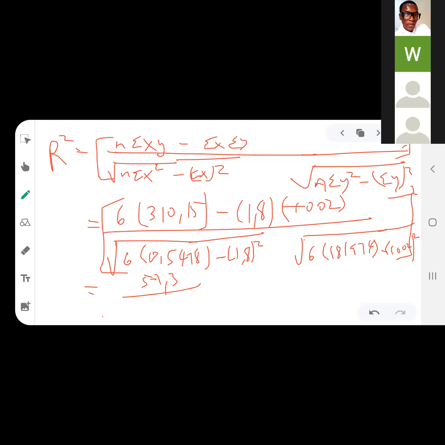Then you close the bracket, multiply by, open another square root, 6, open the bracket, 181974, close the bracket, minus, open bracket, 1002, close bracket, squared. Then you navigate to the right again, close two brackets, and you get the answer. What is the answer?